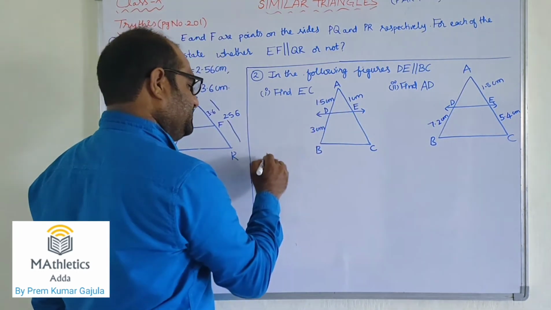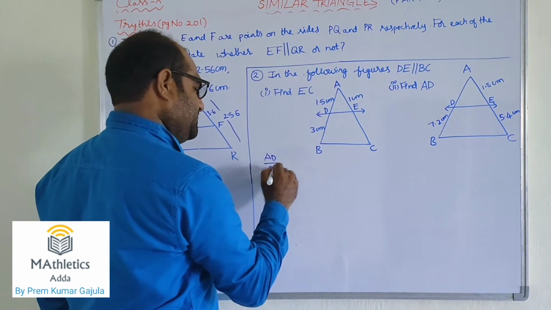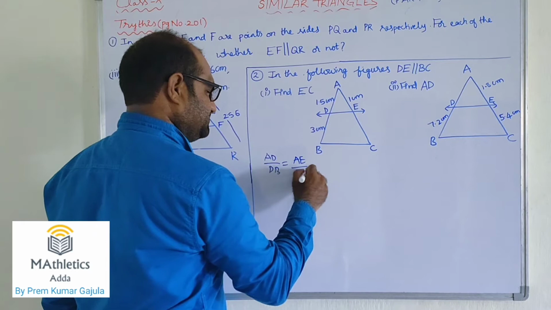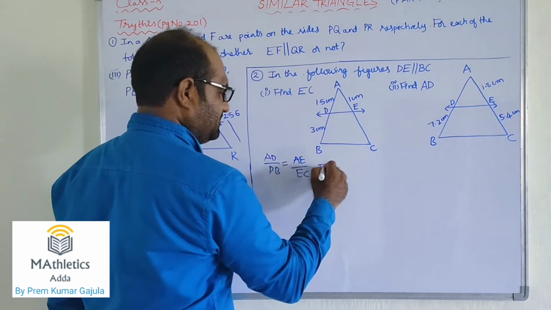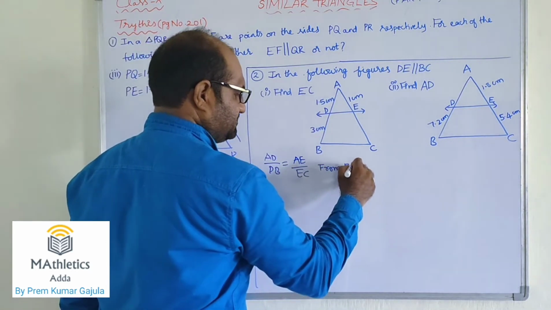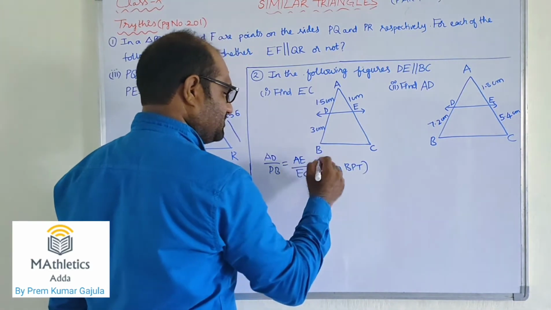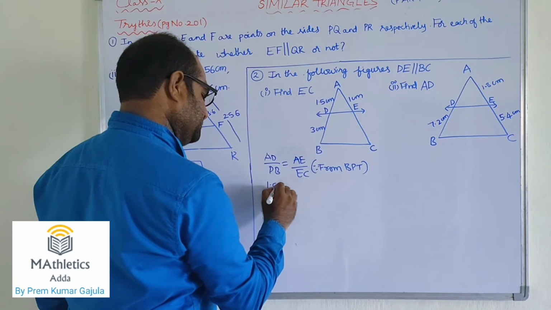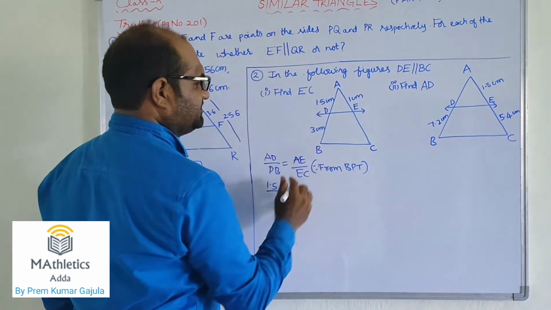That means AD by DB is equal to AE by EC from BPT. Okay, so what is AD value? AD value is 1.5 and what is this?